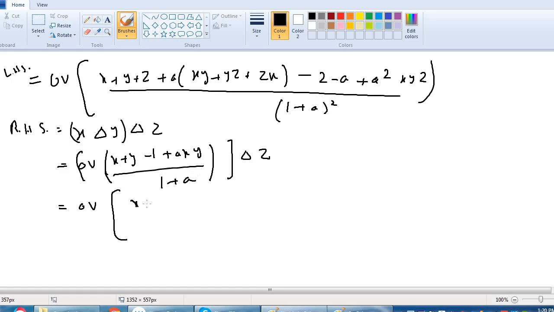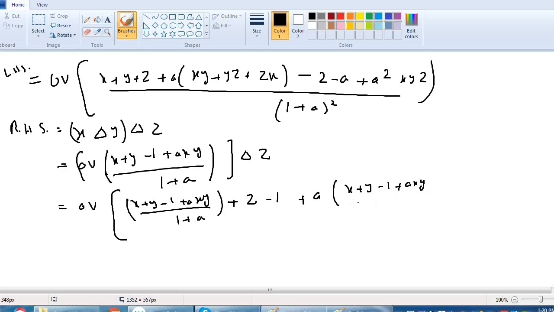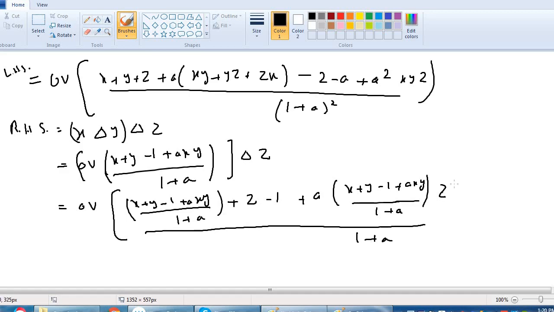We will get x plus y minus 1 plus axy whole divided by 1 plus a plus z minus 1 plus a times first term x plus y minus 1 plus axy divided by 1 plus a into z, and this whole is divided by 1 plus a. Again we take LCM as 1 plus a and we will solve it.